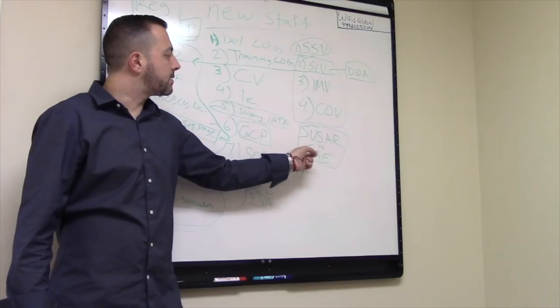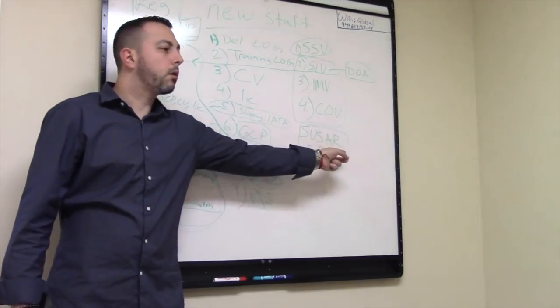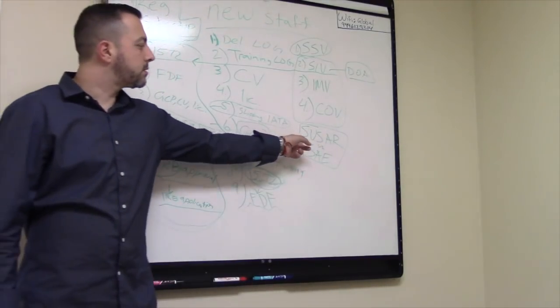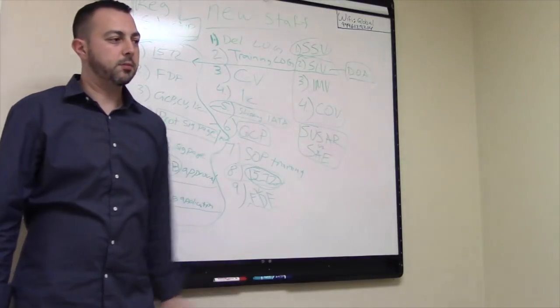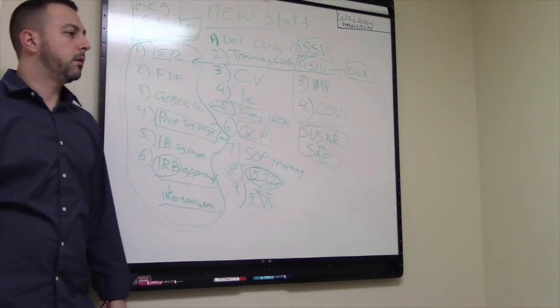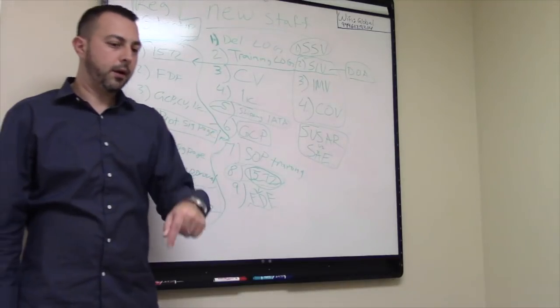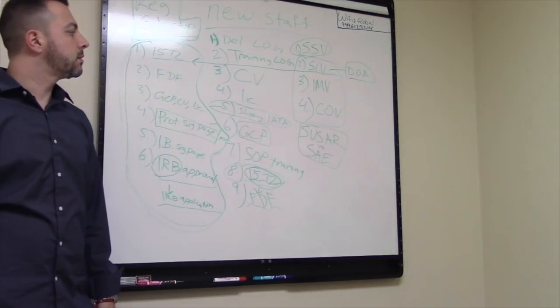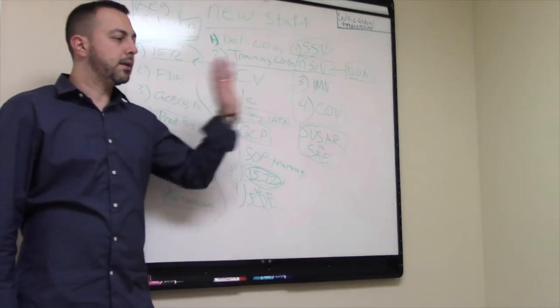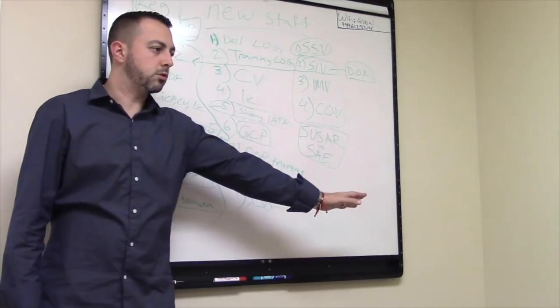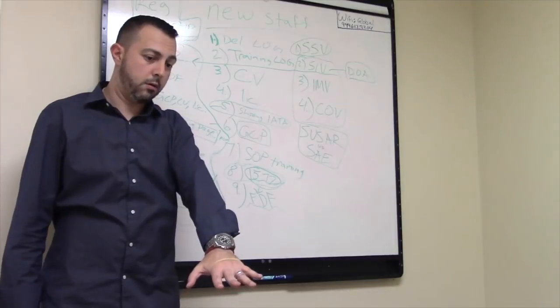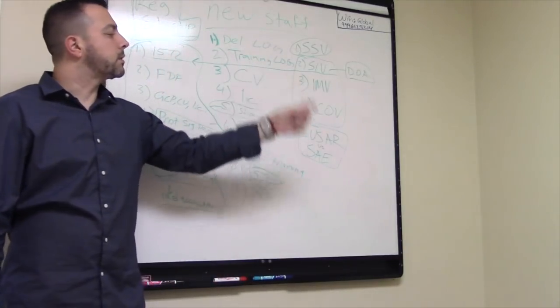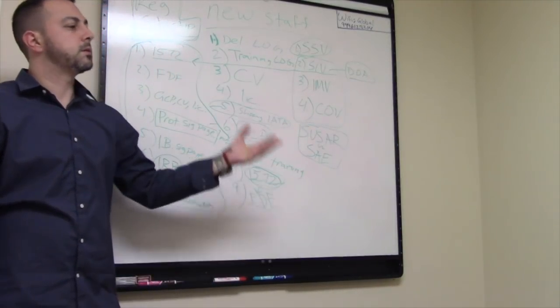If it's yes, it makes the SUSAR report, and that SUSAR is sent to all the sites participating in the study. And those SUSARs need to get filed in the reg binder and signed and dated by the PI. So if there was an SAE in Kansas that made the SUSAR list for a study I'm doing here, the sponsor generates the SUSAR report and sends it to all the sites.